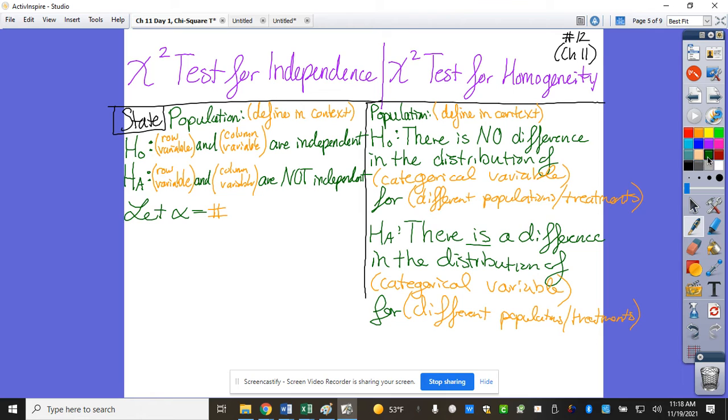And then we still have alpha. Those, you should be able to relate those to each other. If things are dependent, then it's going to change depending on what happens.